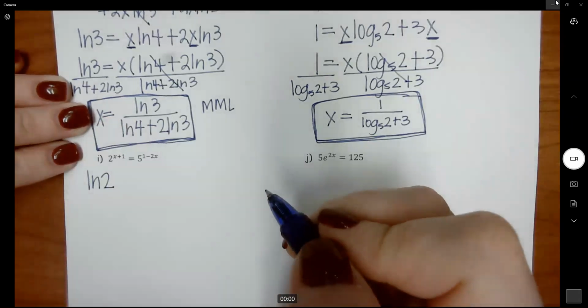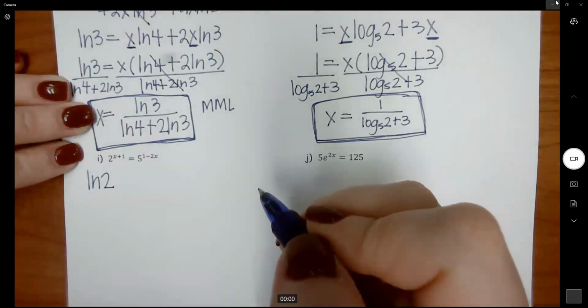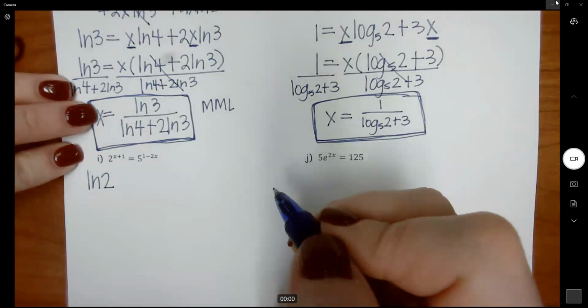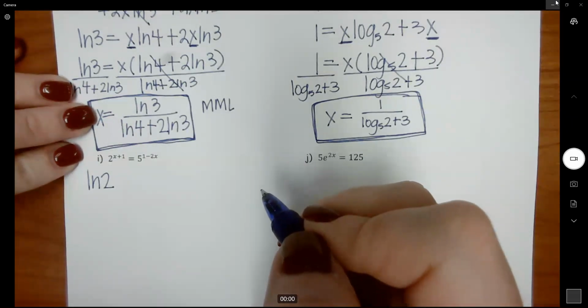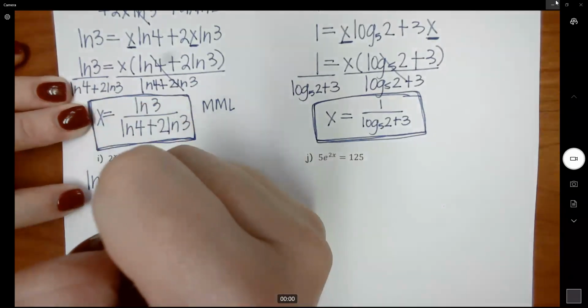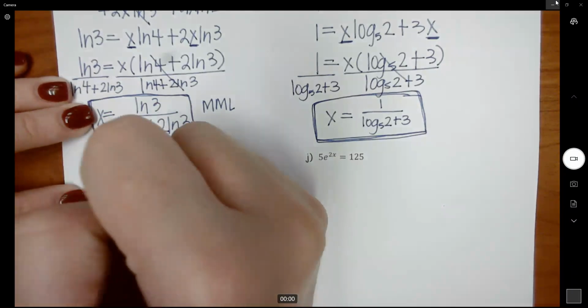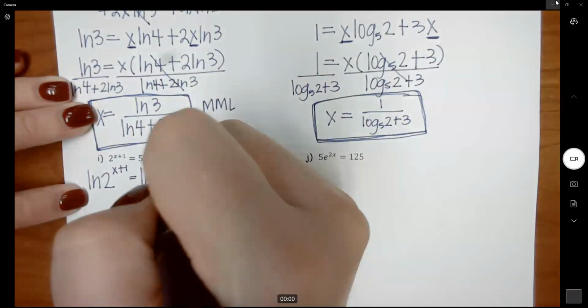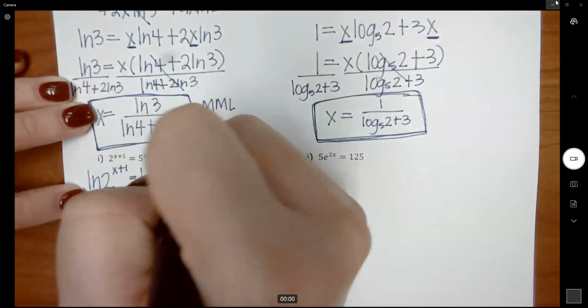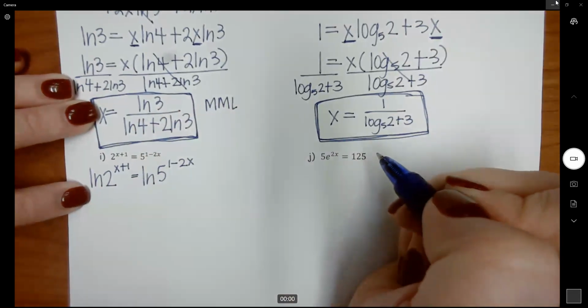Okay, and this again would work as the common log as well. That doesn't matter. Just take both sides, either natural log or common log. But this would be natural log of 2 to the x plus 1 power equals the natural log of 5 to the 1 minus 2x power.